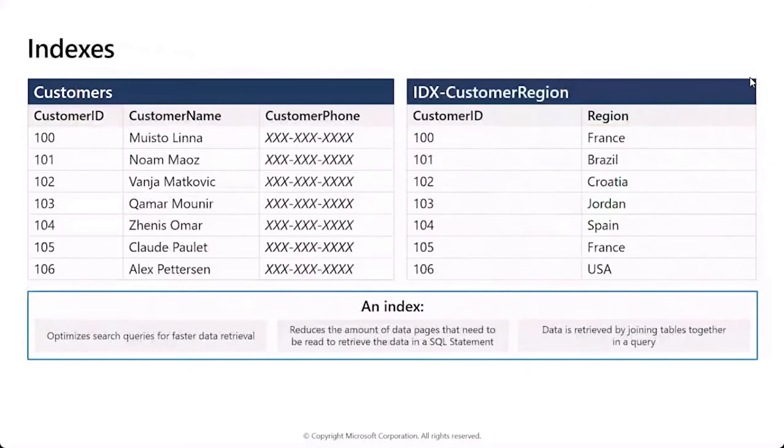Now, another concept to know in relational data is indexes. An index helps you search for data in the table. You can think of an index over a table like an index at the end of a book.